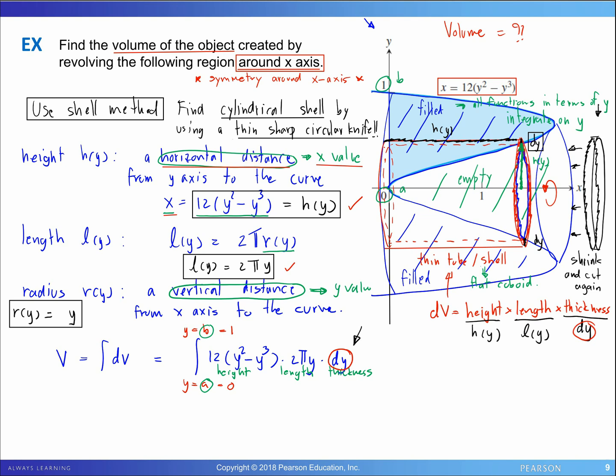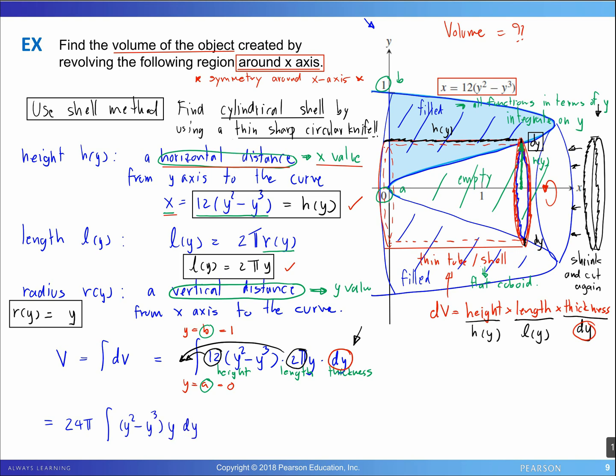So first of all, I'm going to take all the constants outside the integral to make it easier for us to work on. So 12 right here, a constant, goes outside. Same right here, 2 pi, a constant, goes outside. And now we have 24 pi at the front. Integral of what is left, and that is y squared minus y cubed times y dy.